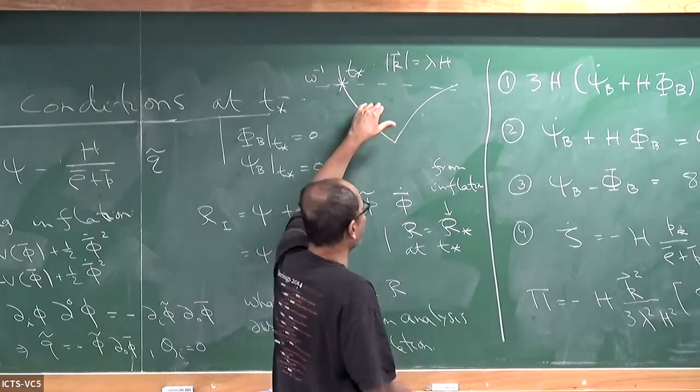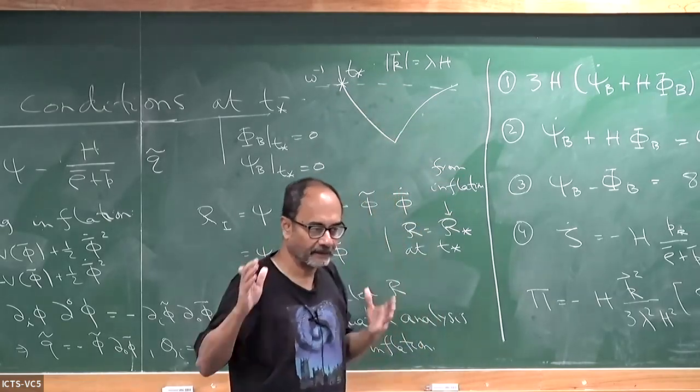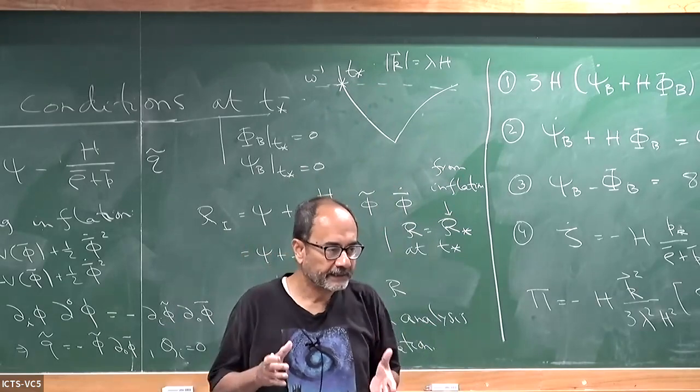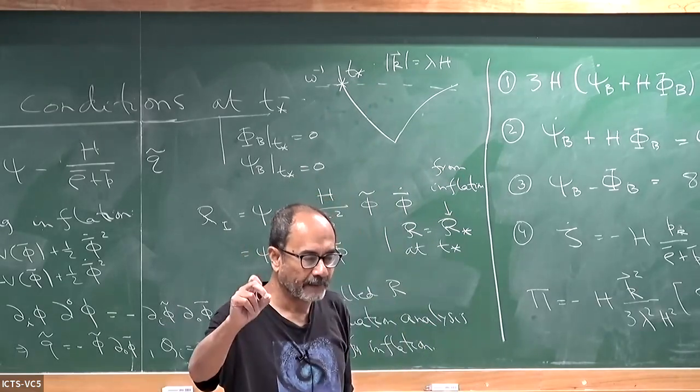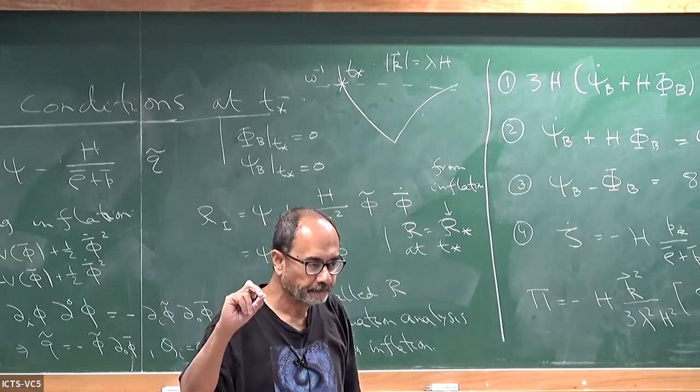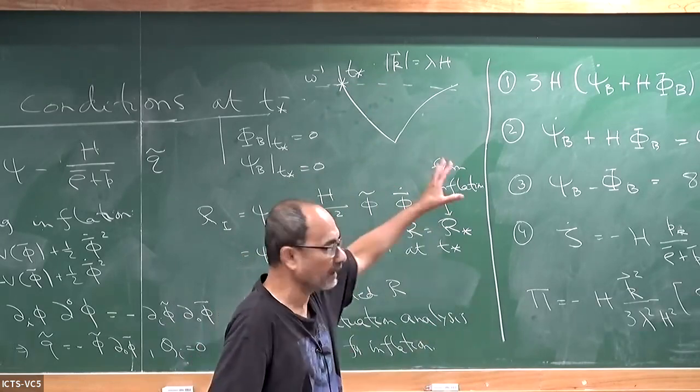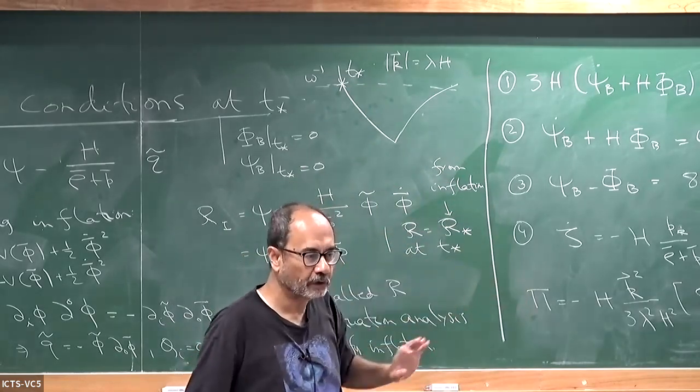For the kind of omega for which the perturbation remains super horizon all the way to last scattering, these equations will suffice. If I just solve with k equal to 0, that is enough.